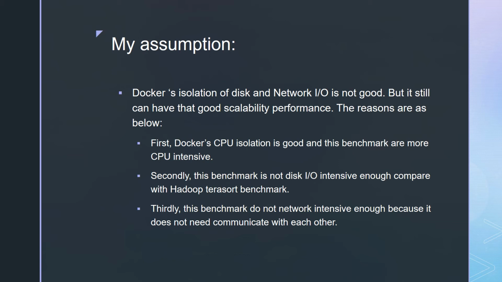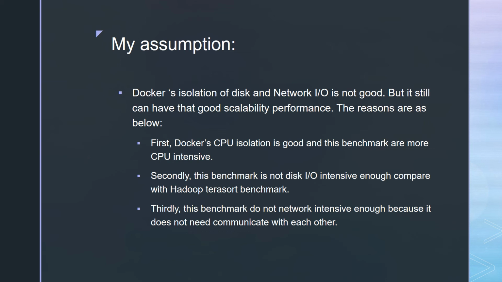I have already done the experiment. The Hadoop Terraform benchmark has 4 to 5 times the disk I/O bandwidth of the Apache compile. So even though Docker doesn't have very good disk I/O isolation, it won't affect the final scalability performance.